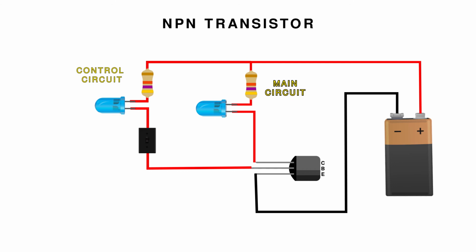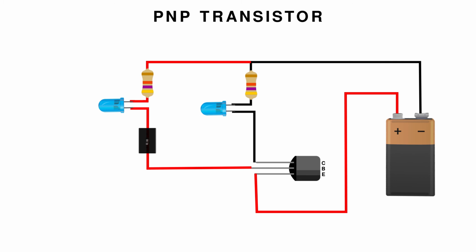If we remove the main circuit from the collector, the current will stop flowing in the main circuit, but the control circuit will still work. The current flowing in the base pin is 5 amp. The current flowing in the collector pin is 20 amp. And the current flowing through the emitter pin is 25 amp. So in an NPN transistor, the emitter combines the base current and the collector current.